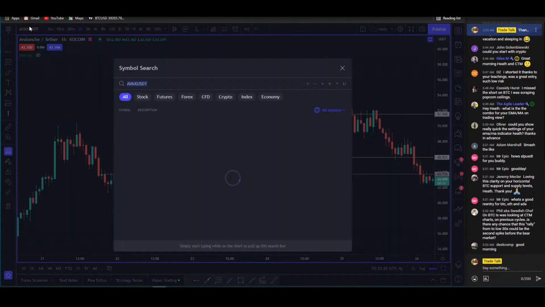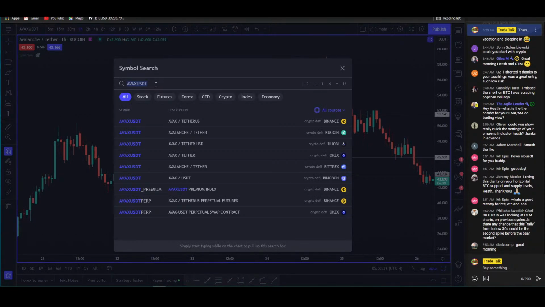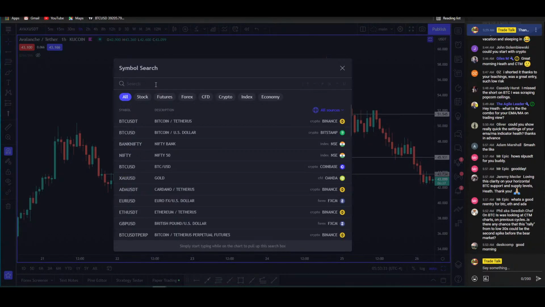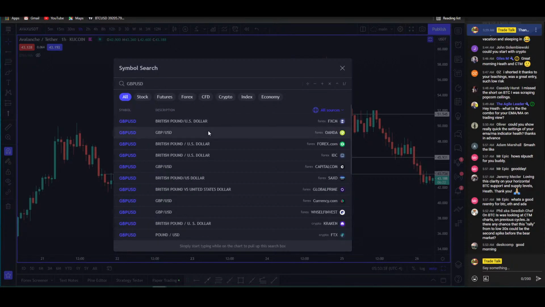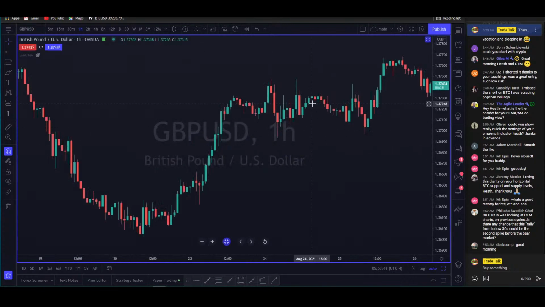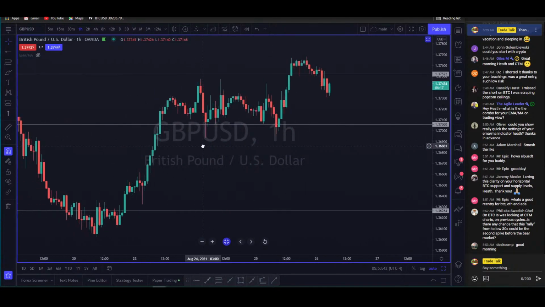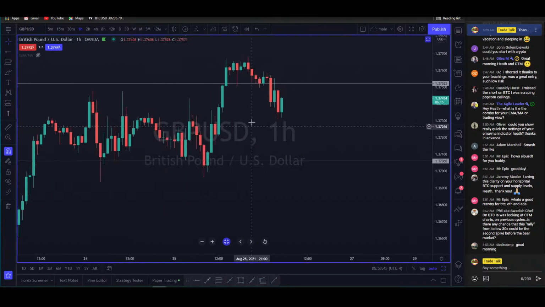So far this morning, what we are watching is Euro USD for possible shorts, because it's situated short. And we're looking at pound dollar always. These are my two favorite assets to trade. So I'm always paying attention to what they are doing.